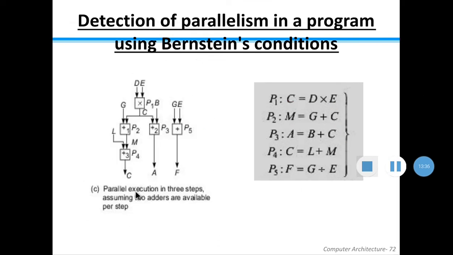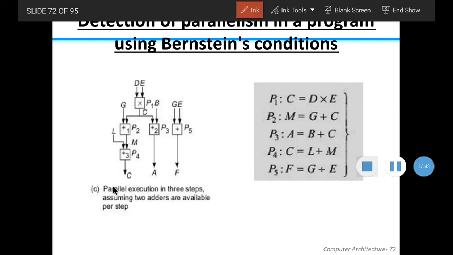Now we will try parallel execution in 3 steps. In the previous case we executed in 5 steps. Now we are trying to execute in 3 steps, assuming 2 adders are available per step. So we are adding more hardware to reduce the execution time.